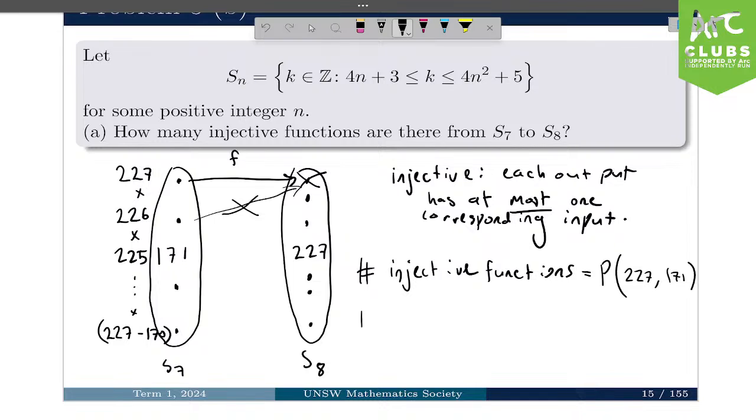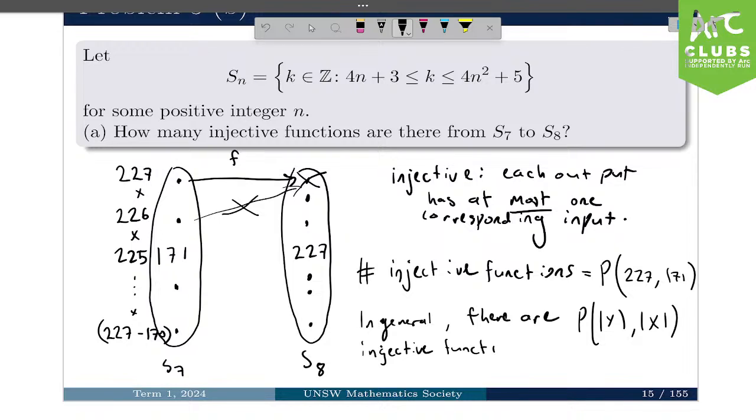And in general, there are P of the size of y and the size of x injective functions from x to y, right?